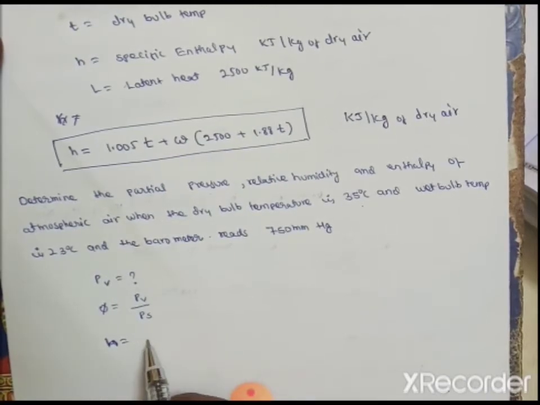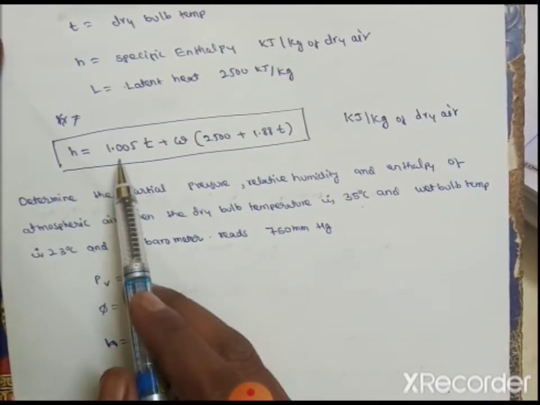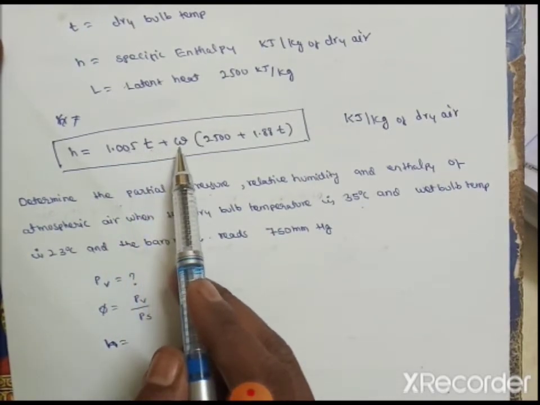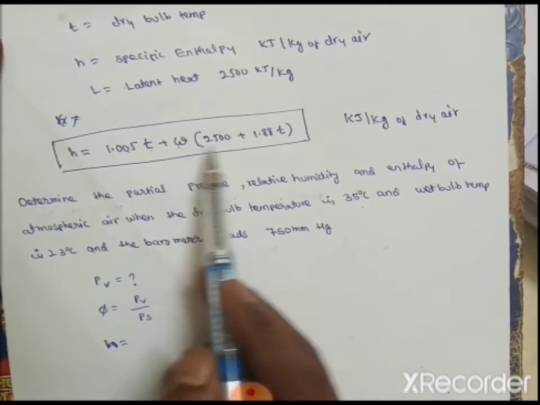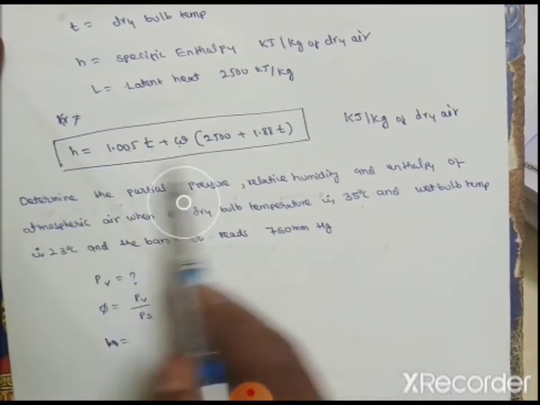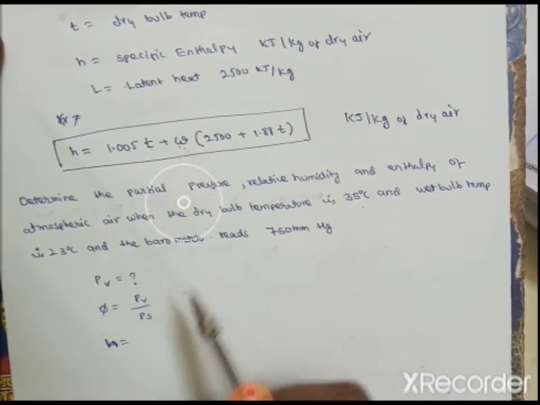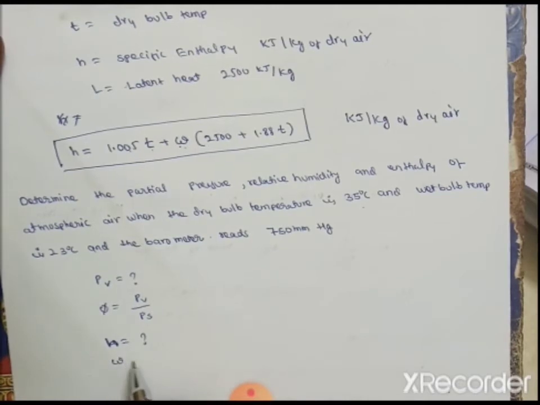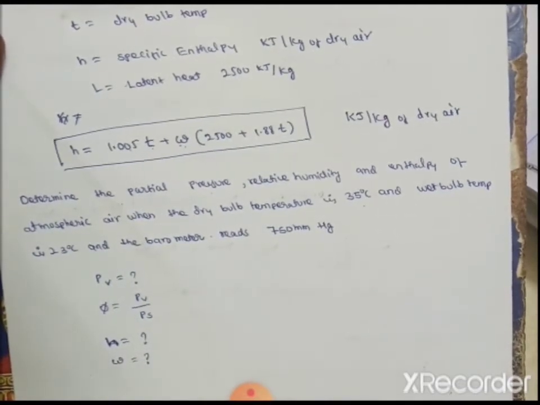So the enthalpy is equal to, as we know already, 1.005 T, where T is the dry bulb temperature, times the specific humidity. In this one, the specific humidity is an unknown value.